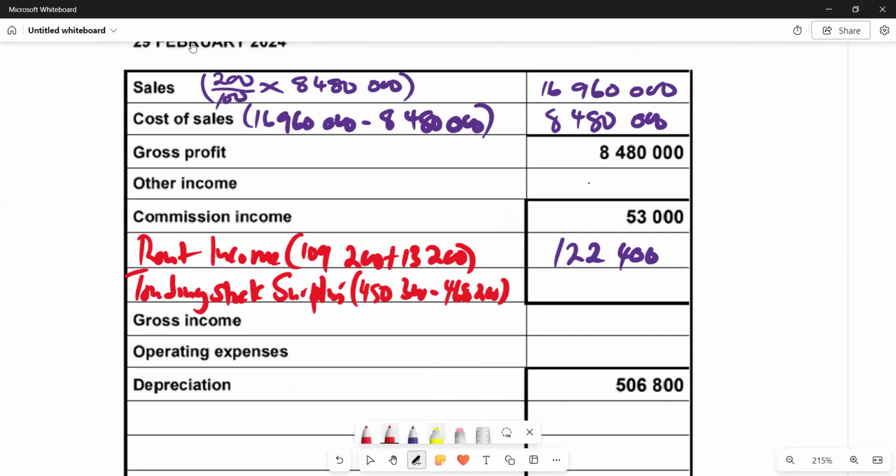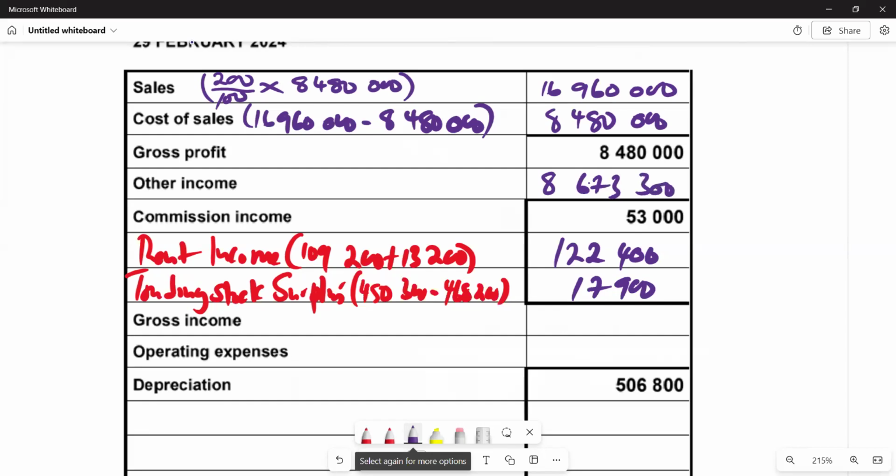So this is the figure that we have, 17,900. Then we can now add our other income. We say 17,900 plus 122,400 plus 53,000. And then the total figure that we're supposed to get there is other income becomes 8,673,300.